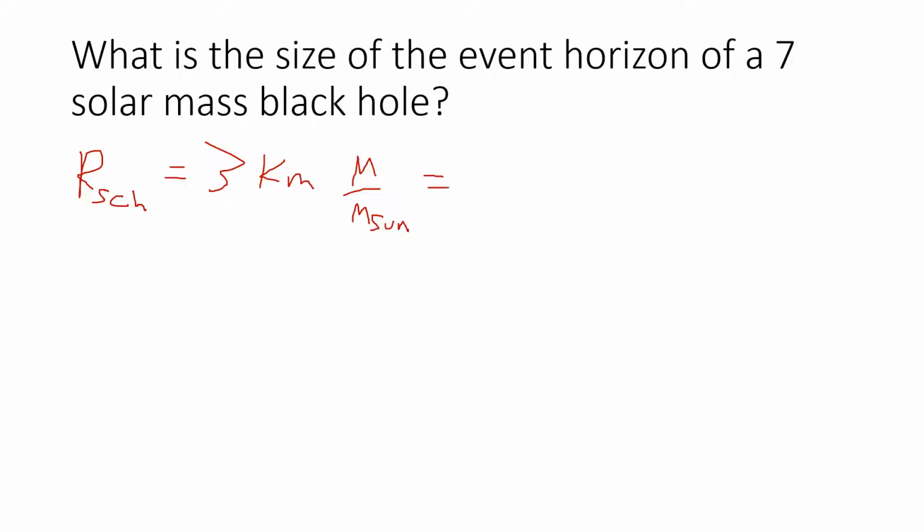Yes, thankfully. So we just take 3 kilometers times 7, because the mass is in solar mass units, and we end up with 21 kilometers. If you were to come within 21 kilometers of this black hole, you would be hopelessly sucked in, never to be seen again.